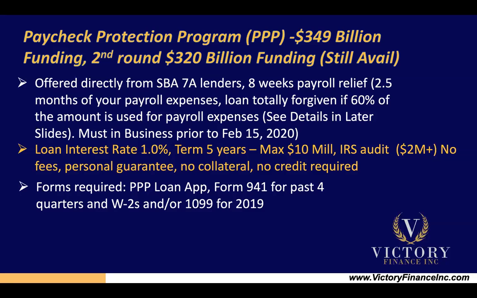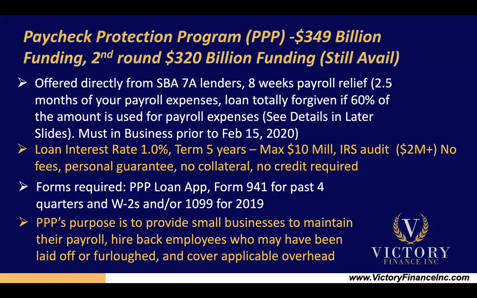Otherwise, the 941 is not necessary for the self-employed. For the self-employed, it's basically the 1099 and Schedule C. They base how much money they're going to give you on Schedule C line 31. So you have to have the Schedule C for 2019, okay? So that's the Schedule C.